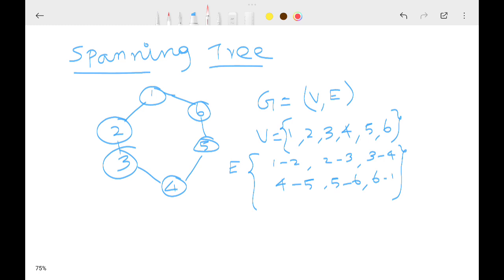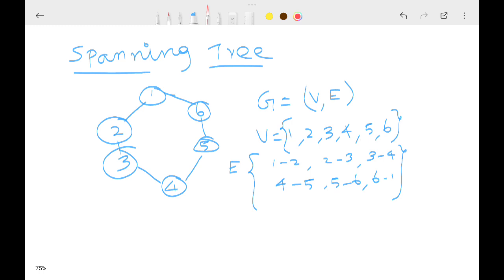A graph can be represented using a set of vertices and a set of edges. The vertex set contains all the vertices in the graph, and the edge set contains all the edges in the graph. In this given graph, the vertex set contains 6 vertices and the edge set contains 6 edges.